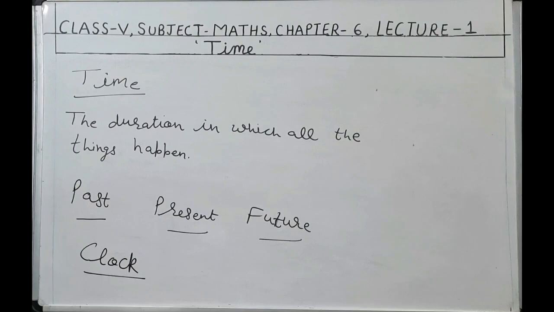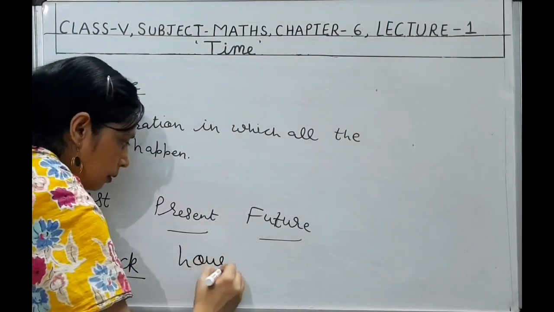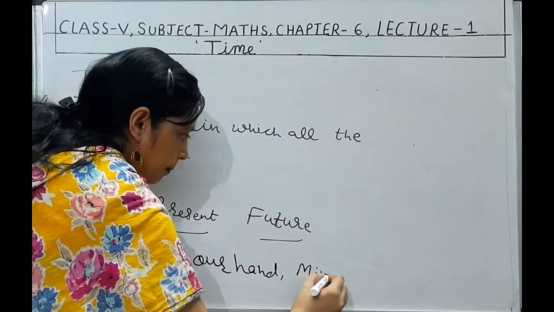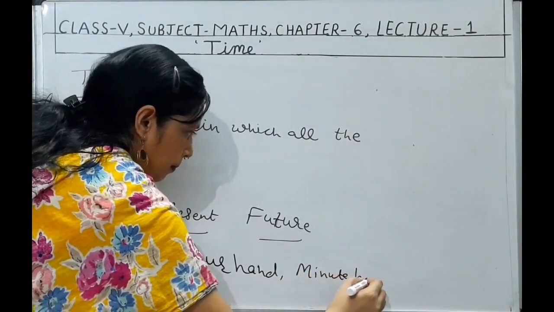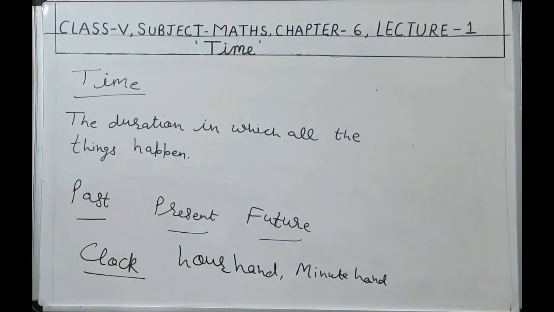Okay, in which 12 numbers are written on the clock from 1 to 12, and generally a clock has hour hand and minute hand. And in some clocks we find second hand also. Okay.